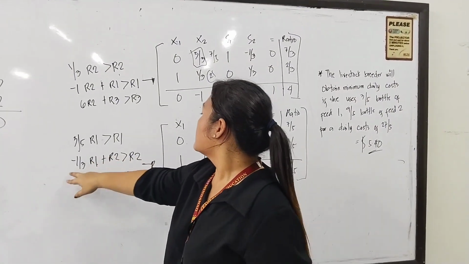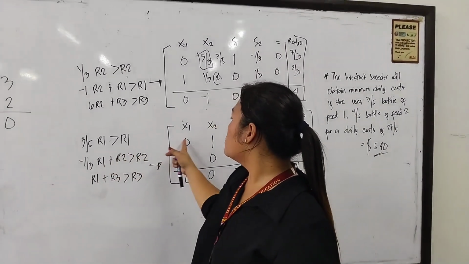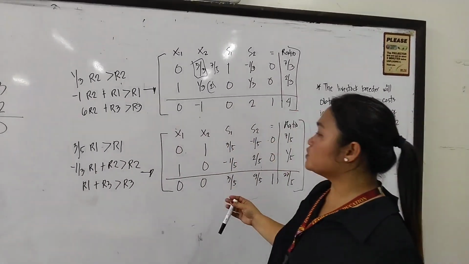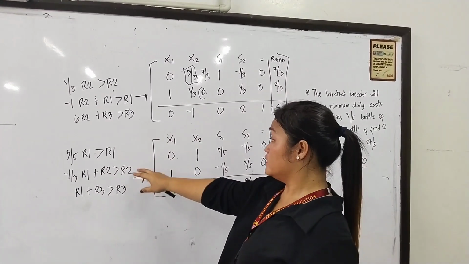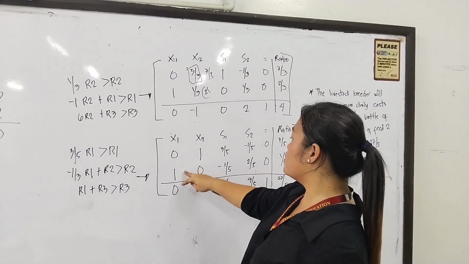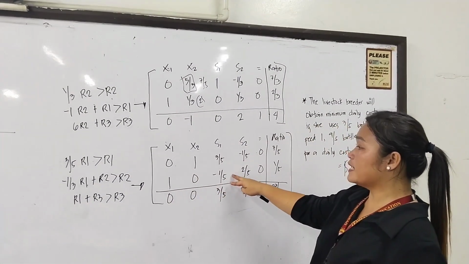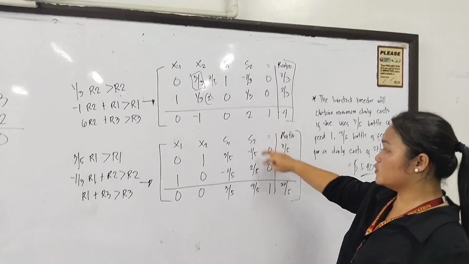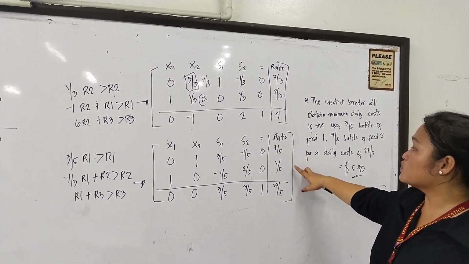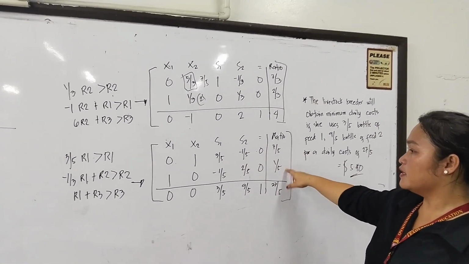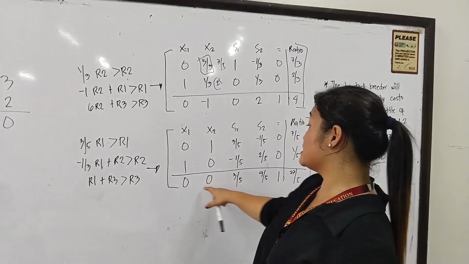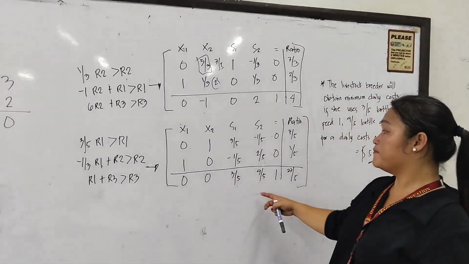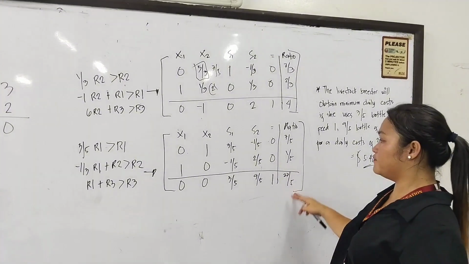So negative 1/3 in row 1 plus row 2 goes to row 2. It gives 1, 0, negative 1/5, S2 is 2/5, then equal to 0, and the ratio is 1/5. So it gives this 0, 0, 3/5, 9/5, 1, and 7/5.